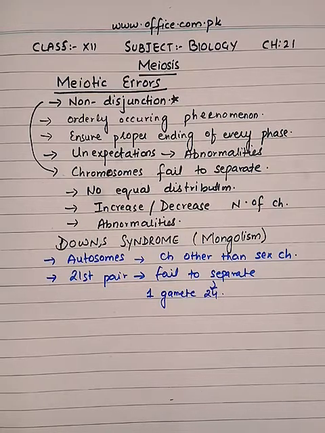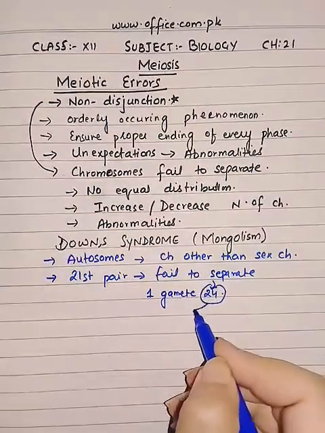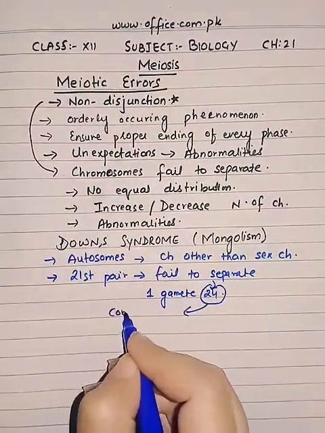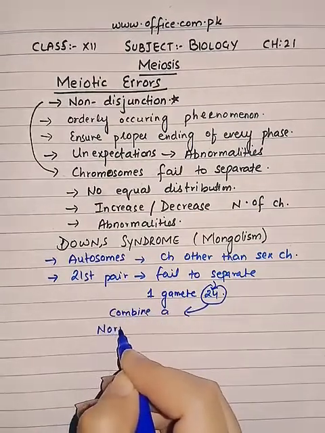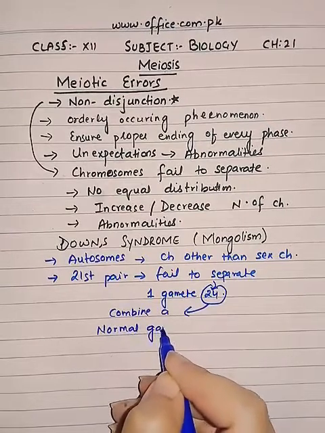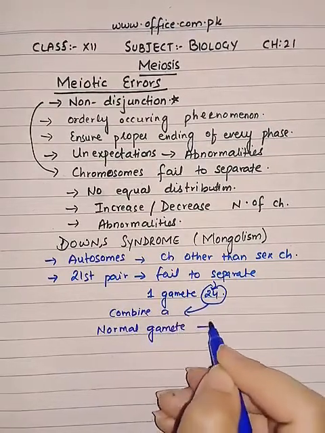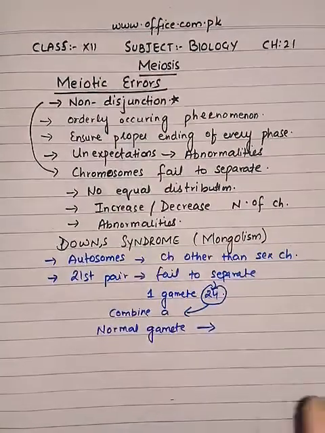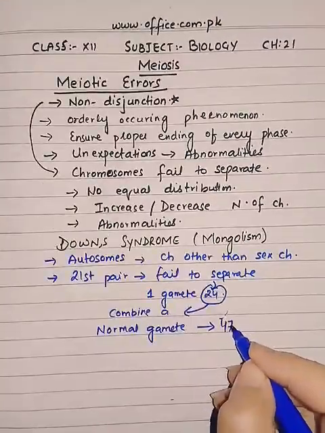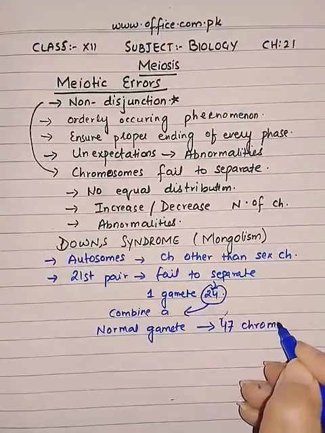When the gamete with 24 chromosomes combines with a normal gamete, it will give rise to not 46 but 47 chromosomes.